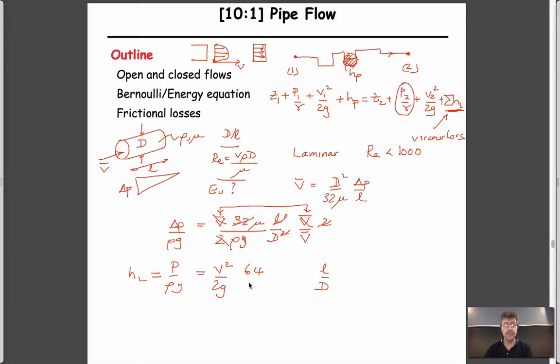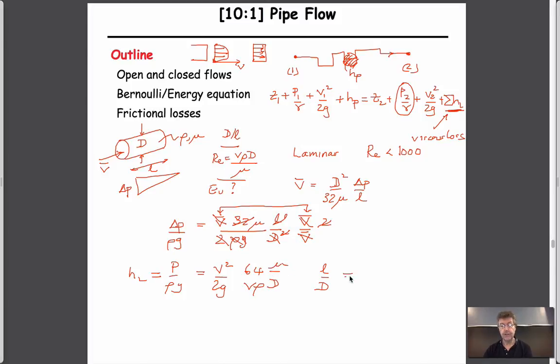And the other term is velocity times density times d. So velocity times density times d, and we're left with viscosity on the top.